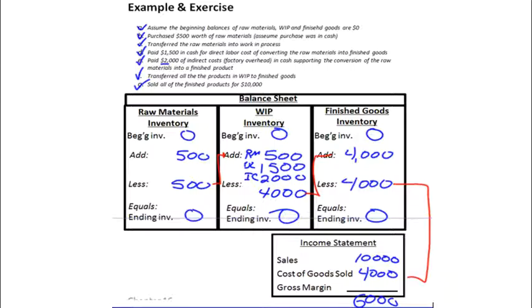And at the end of the day, I transfer those items that are complete out of work in process and I transfer them into finished goods. When I sell the finished goods, they are transferred into the income statement as cost of goods sold. So let's take a look at the next slide and take a little bit deeper look at cost flow and inventory.